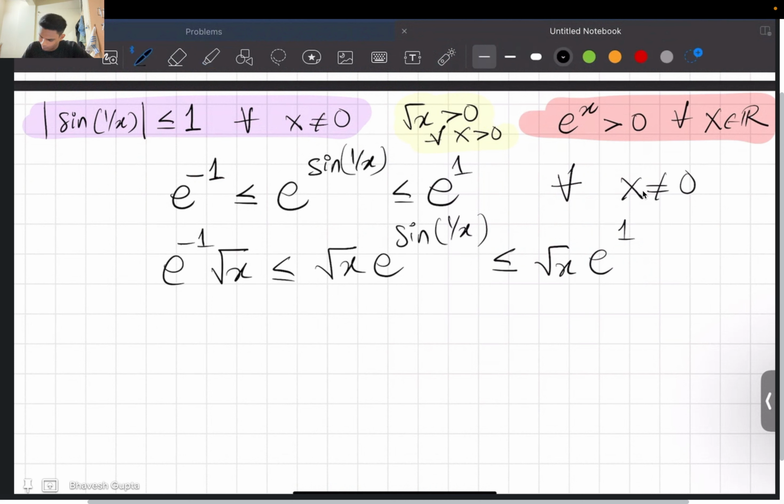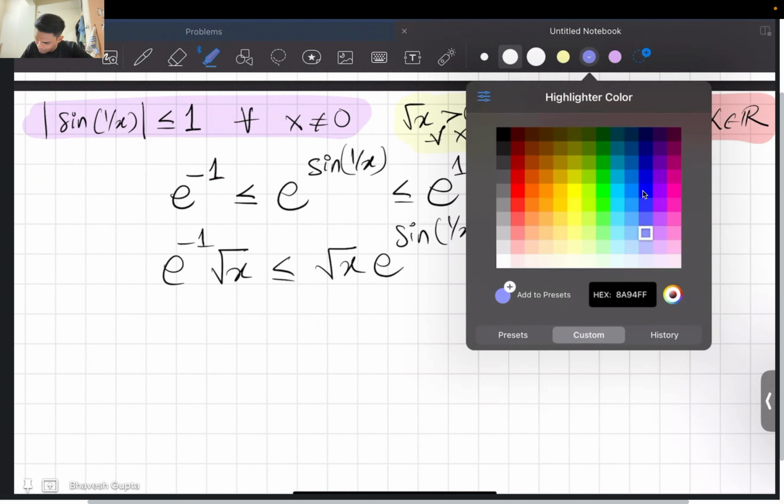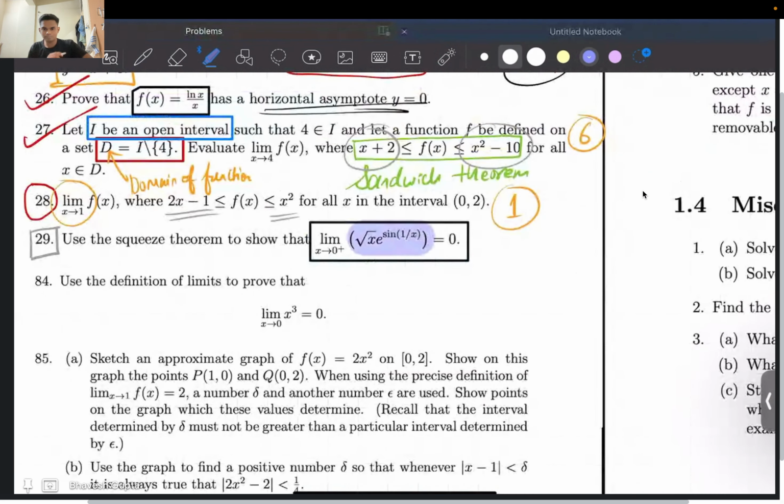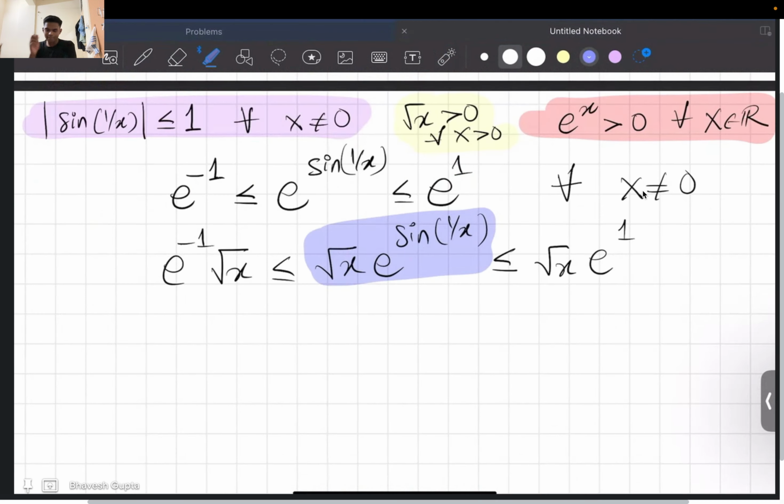And now you can see I have constructed my function. That's interesting, right? This is what my function is. Exactly the same function. So I constructed it in such a way that I know what those inequalities are.